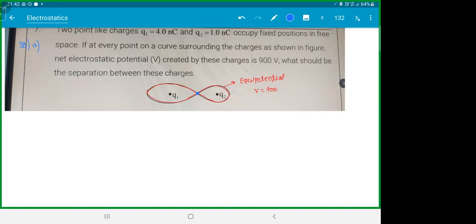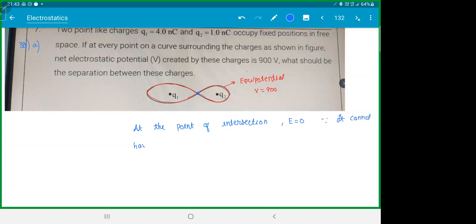Are you getting it? So at the point of intersection, the field has to be 0. It's a null point. The point of intersection E has to be 0, since direction is undefined. It cannot have two directions.